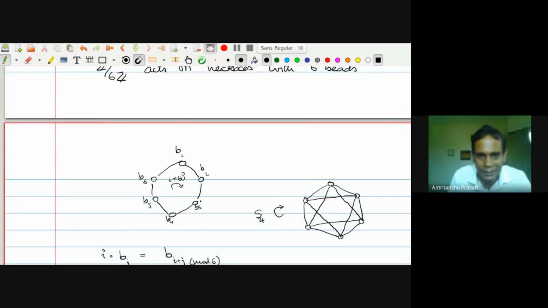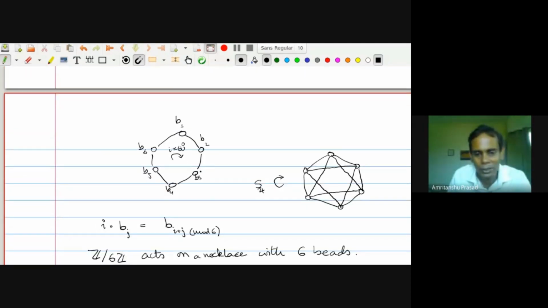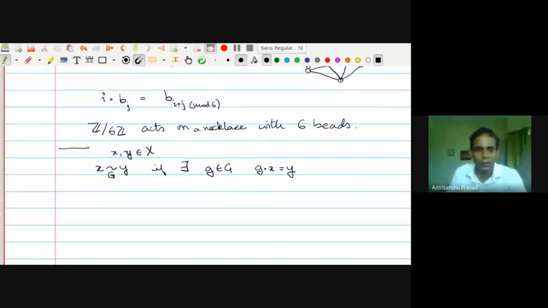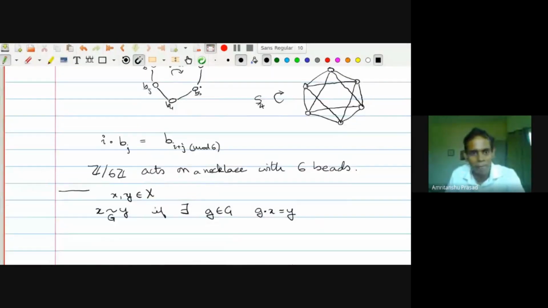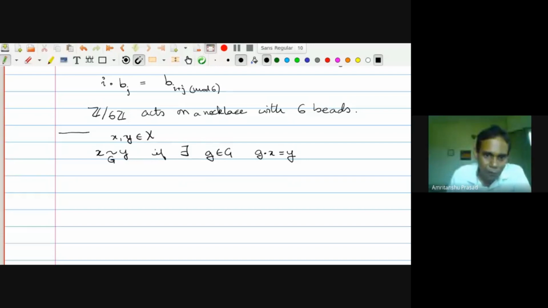So in this necklace action, all the elements are equivalent because you start with any bead, you can rotate it by 60 degrees some number of times to get all the other beads. Okay, so everything is equivalent. But in general, it may not be the case that the group can move every element to every other element.